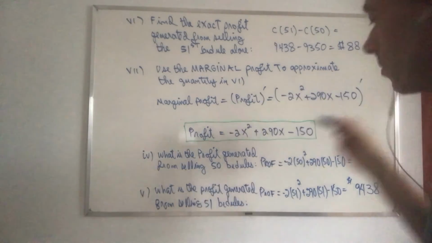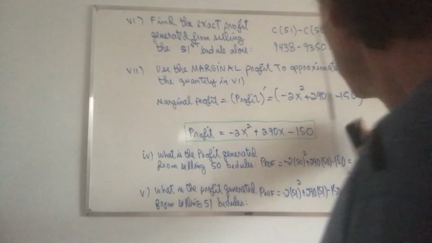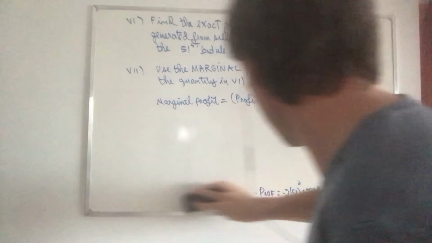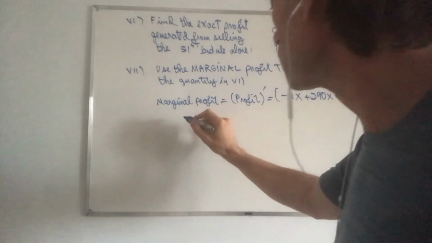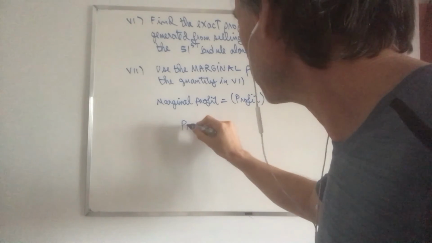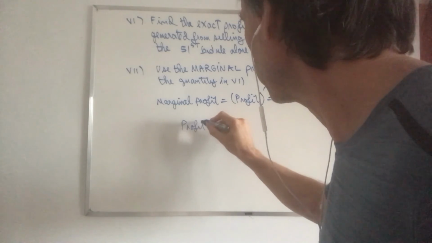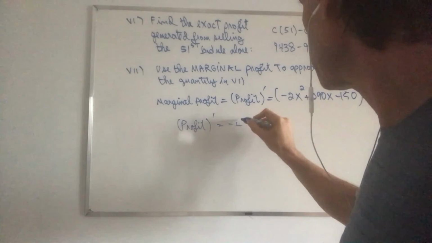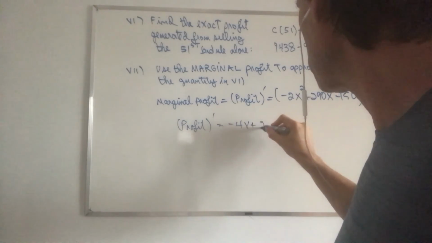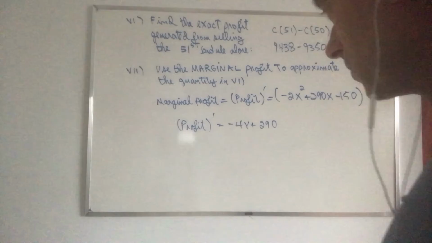All right, so that's an easy derivative. So marginal profit, or profit prime, is equal to minus 4x plus 290 plus 0.